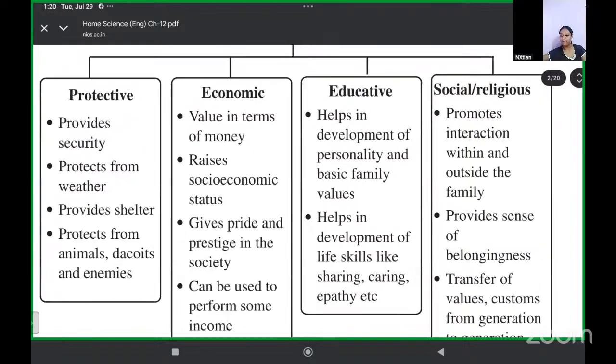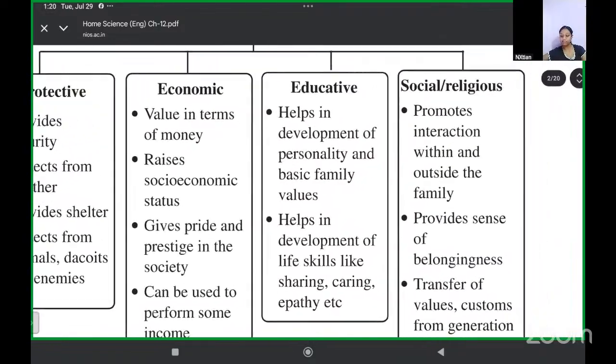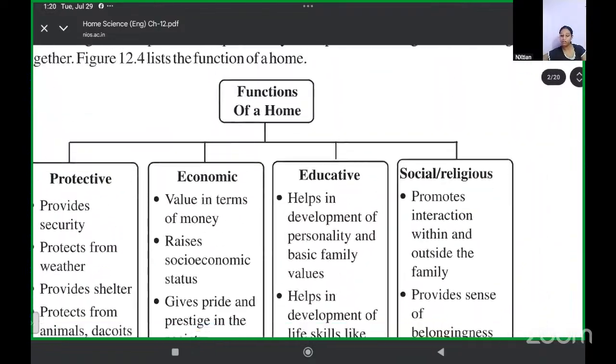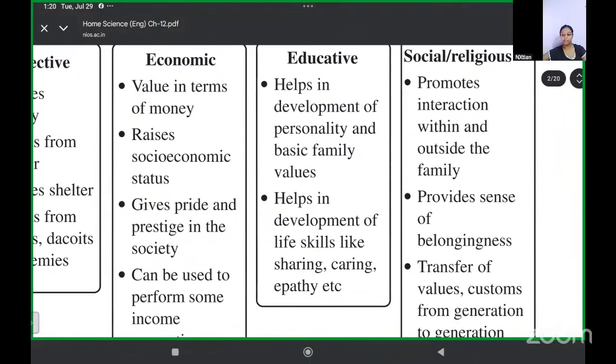Then you have educative purposes. The home helps in development of personality and basic family values. We saw how we learn our basic family values in our home. We learn respect, we learn how to help others, we learn a lot of values in our home.